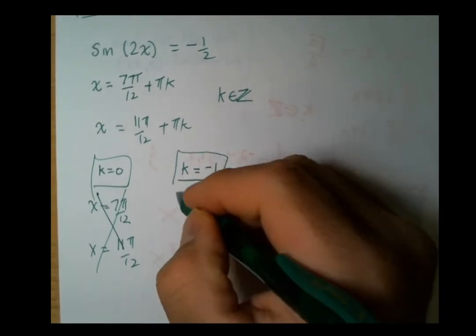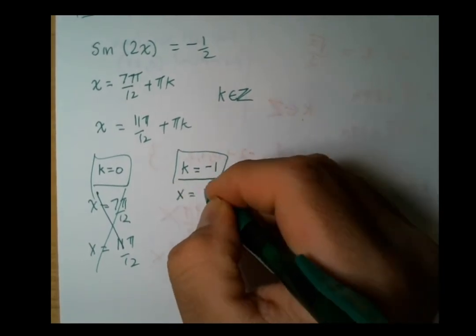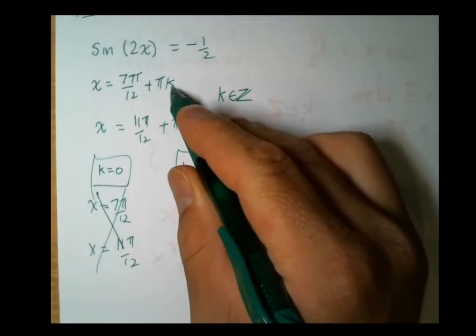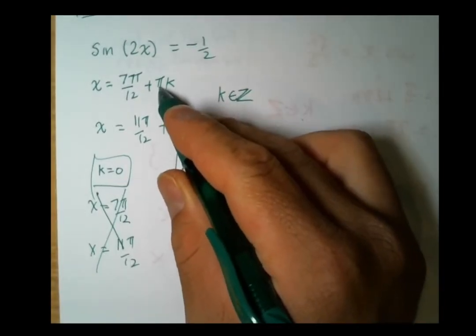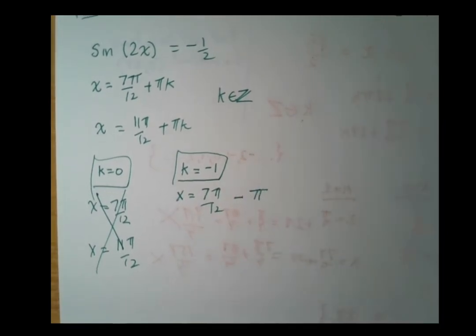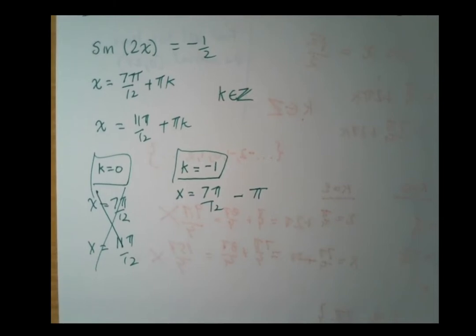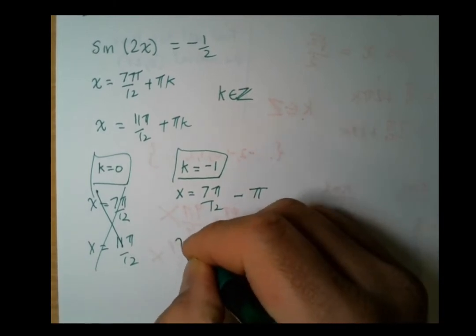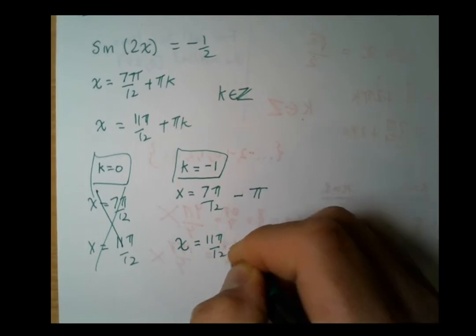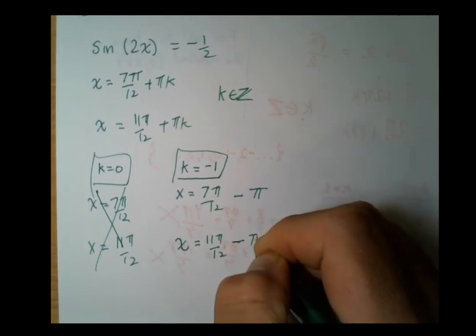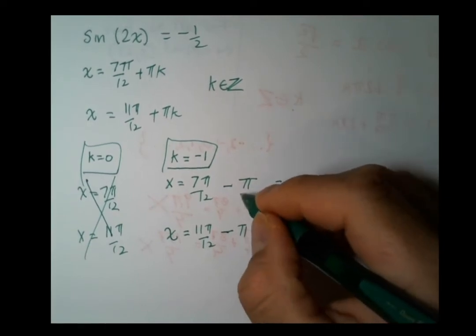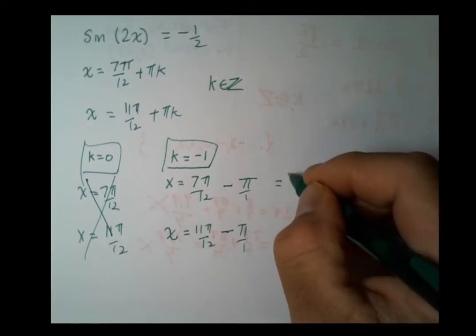Okay, so let's start with this one. We have 7 pi over 12. When I multiply by negative 1, we get negative pi, or we can think of it as minus pi, or plus negative pi, however you want to think of it. For the other one, we get 11 pi over 12, and same deal here, think of it as minus pi. Find a common denominator, which in this case would be 12.